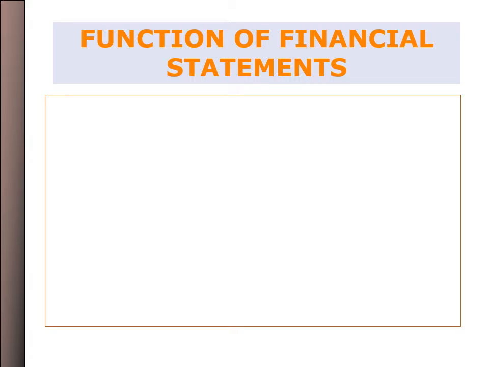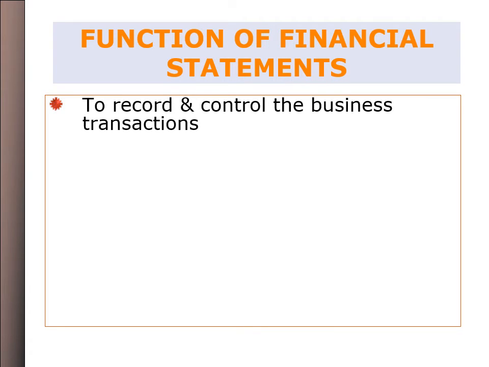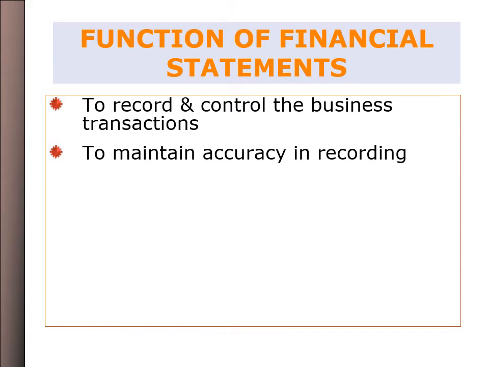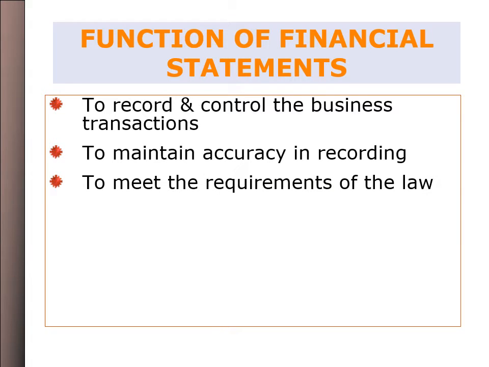Financial statements provide information to the interested parties, and the data is used to record and control business transactions, to maintain accuracy in recording, and also to meet the requirements of the law, because every business, especially companies, is required by law to produce these statements: the statement of financial position and the statement of profit or loss.